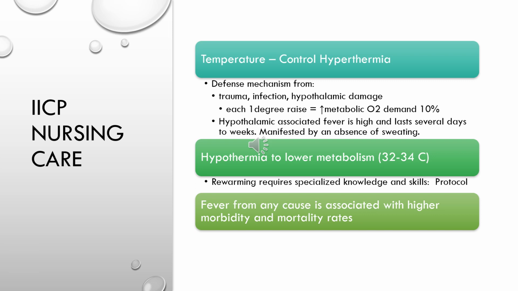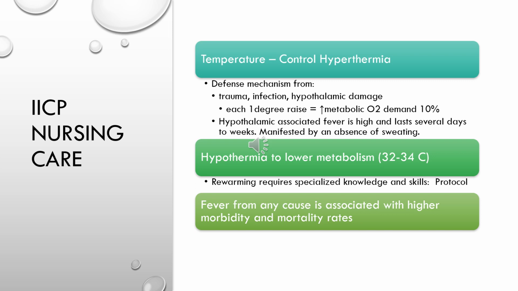Okay, and kind of talked about this already, but it is very important to regulate their body temperature, because we know hyperthermia, or an increase in temperature, does increase the oxygen or the metabolic demands, which can lead to an increase in poor outcomes for our patients.